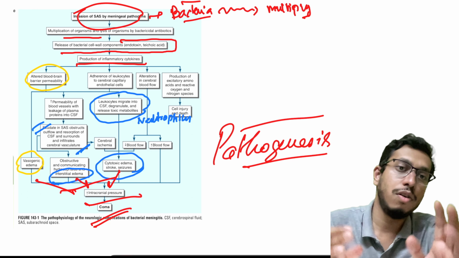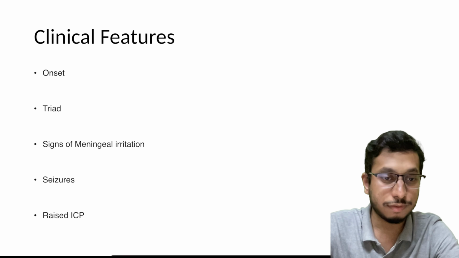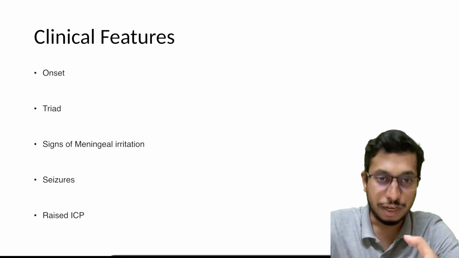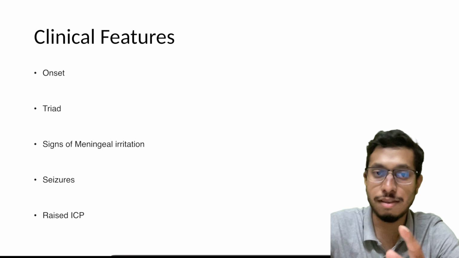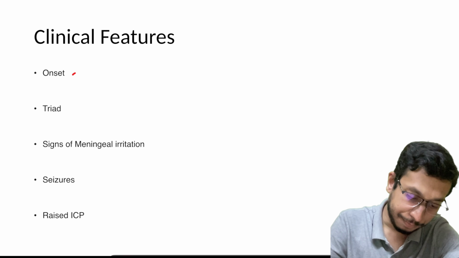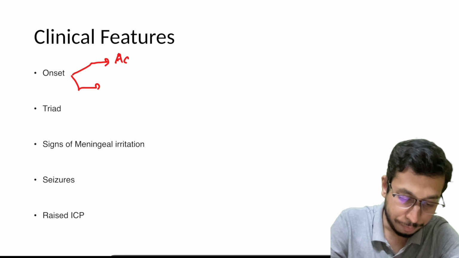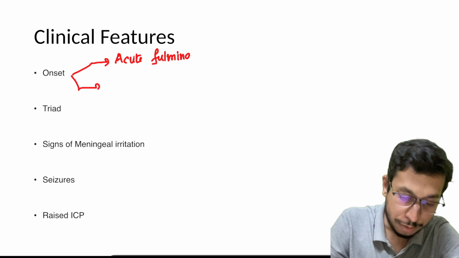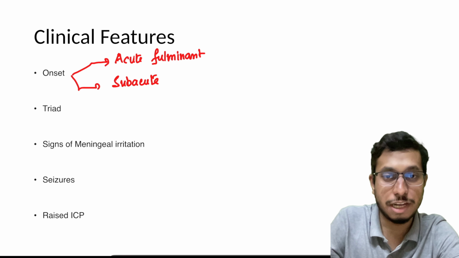So that's all regarding the pathogenesis of meningitis. Okay. Now coming to the clinical features. As you can see, clinical features can be divided into different parts. First of all, acute bacterial meningitis can be divided into two types based on the presentation: number one, acute fulminant presentation, or number two, subacute presentation.